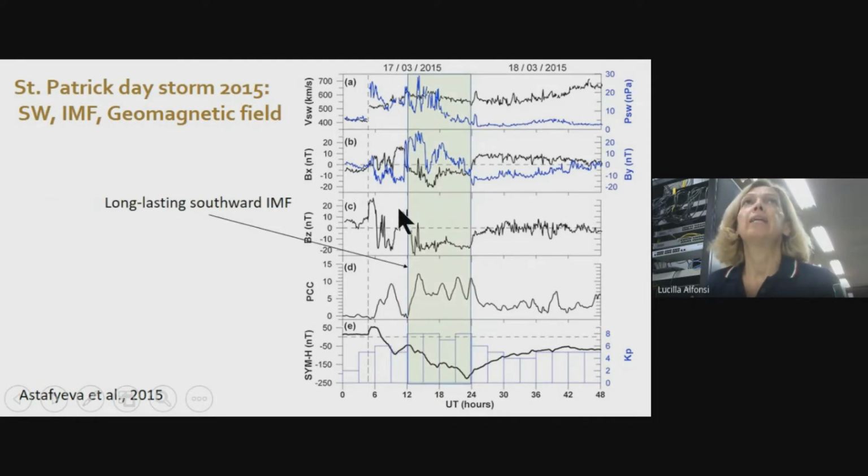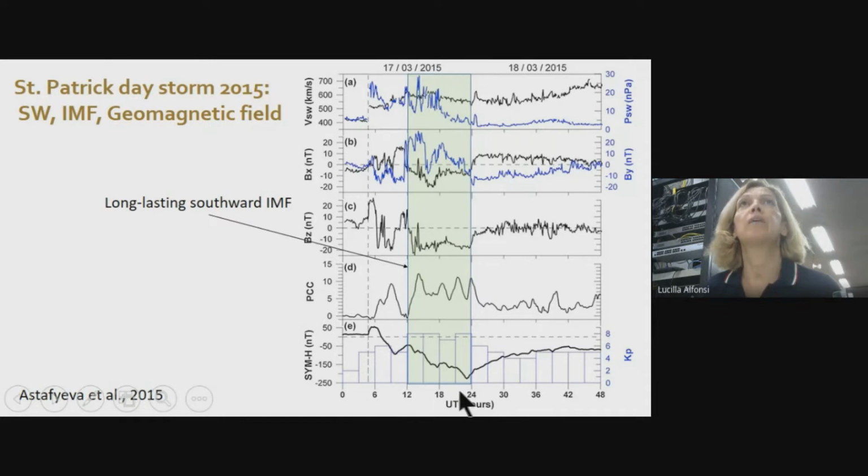but again there was a southward turning of the interplanetary magnetic field coming from northward, so closed magnetosphere to open magnetosphere. That was a long-lasting event. You can see from 12 to 24 of the day of the 17th of March.